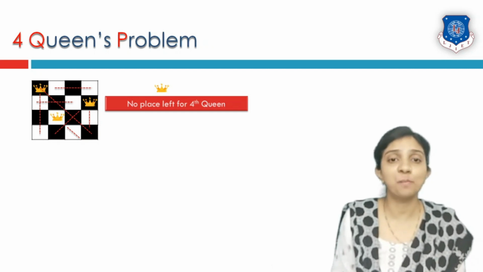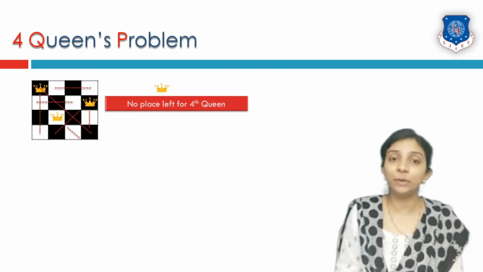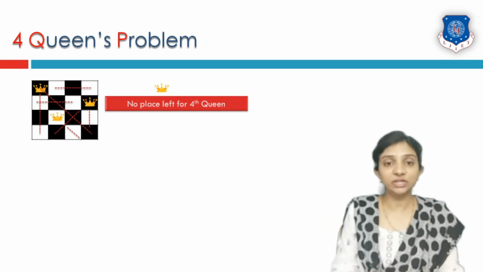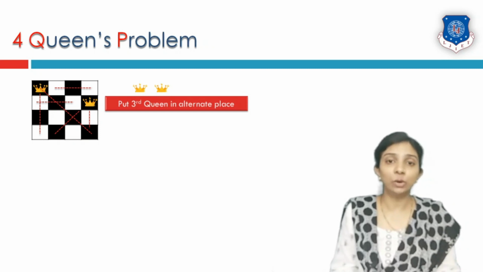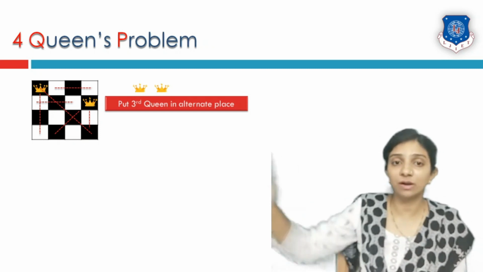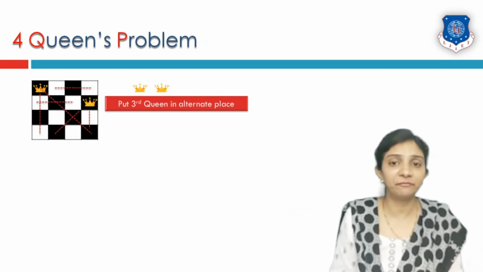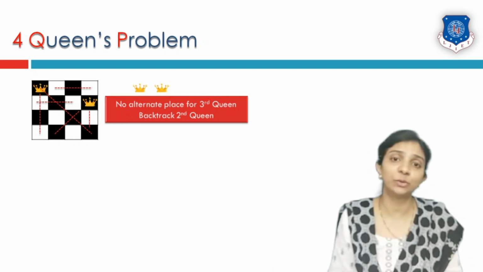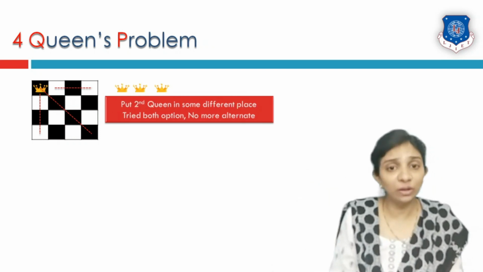We are going to backtrack our last placed queen, that is queen number 3, and try it in some different place. But there will be no alternate space. If I put queen number 3 in the next box, it will block another diagonal and it will lead to no solution. So there is no different alternate space where I can put queen number 2. That's why I have to backtrack queen number 2 also.